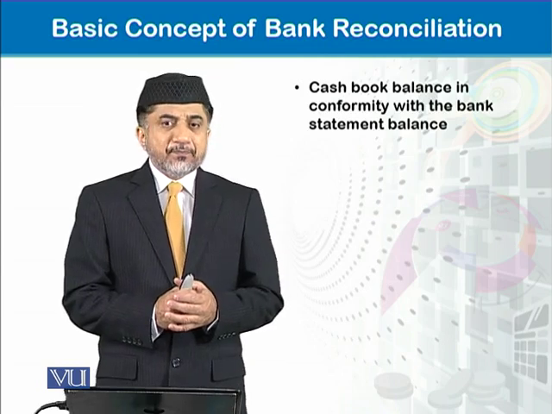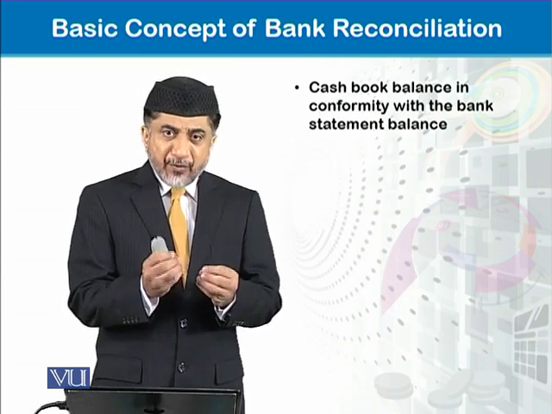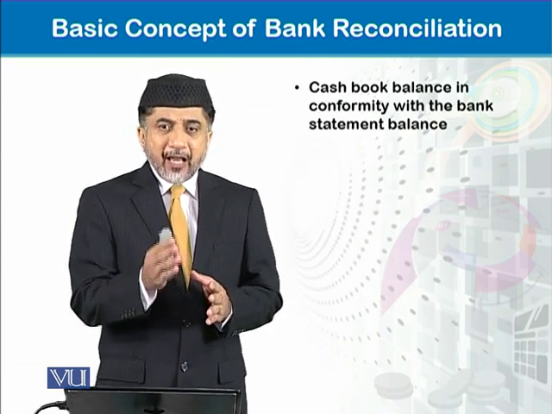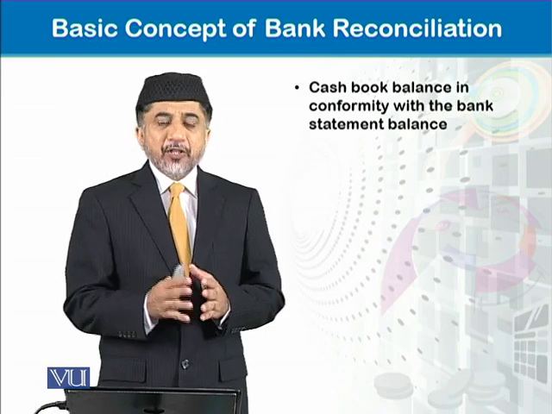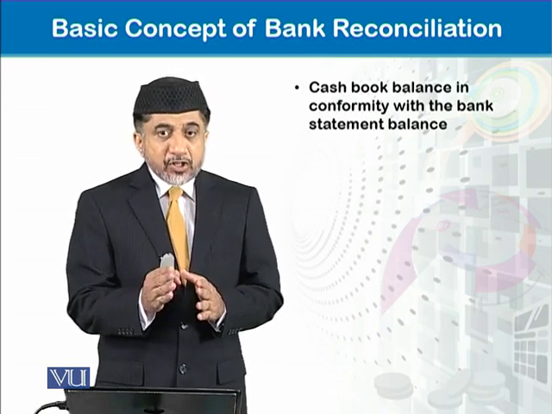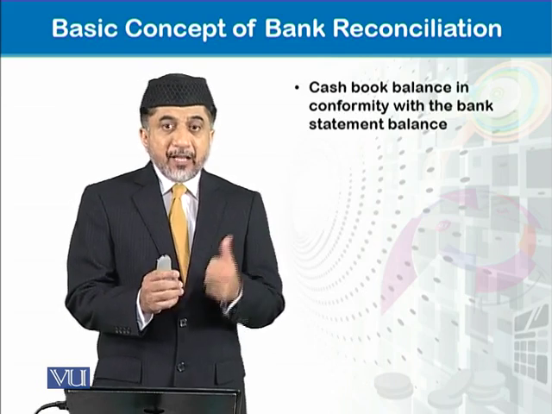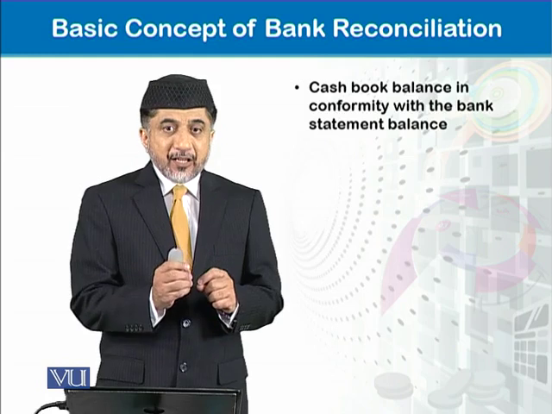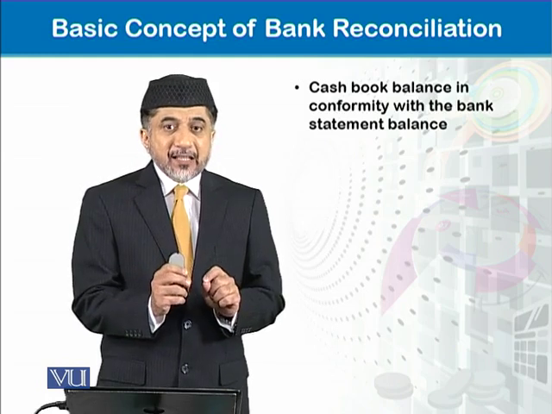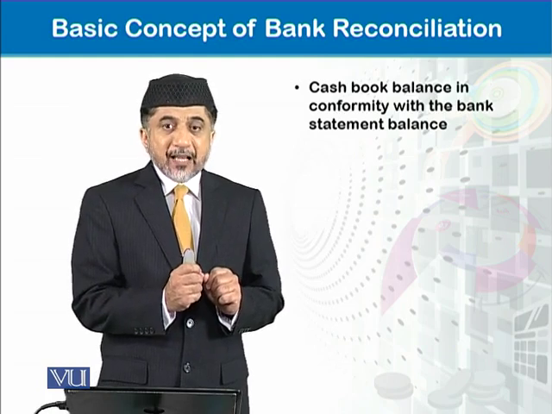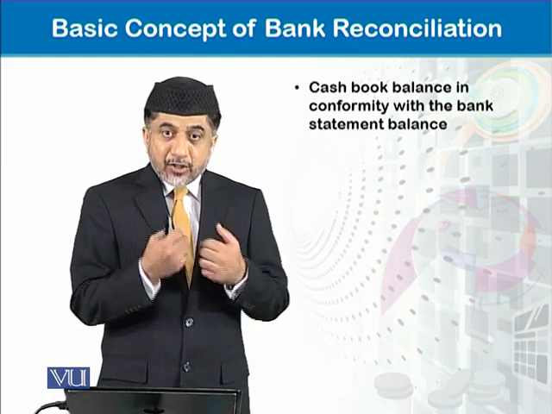What happens is that on a specific date, let's suppose at the end of each month, the accountant looks into the record maintained by the bank and tallies the balance as per bank's record with the balance as per the accountant's own record.